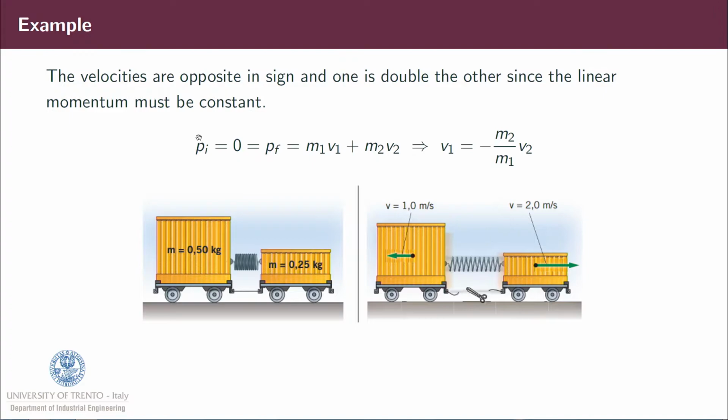At the beginning, the linear momentum is equal to 0, because they are both at rest, and at the final time, the linear momentum is equal to m1 times v1 plus m2 times v2, which means that v1 is equal to minus m2 over m1 times v2. Since we give the masses 0.5 kilograms and 0.25 kilograms, the velocity of one at the end will be double the other.